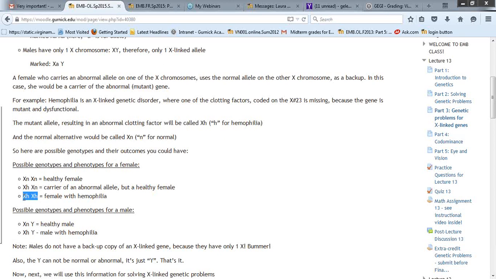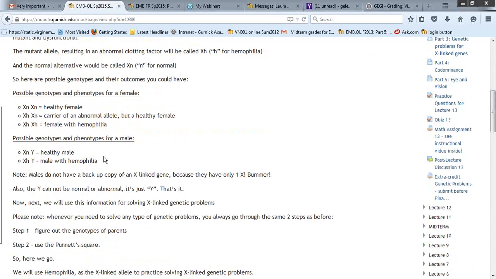If she has two X's that are affected, well, that's just bad luck. It's extremely rare. I actually haven't seen it, but I guess it does happen. A healthy male would be the one with an X normal and a Y. Remember, Y cannot be normal or abnormal. Y only codes for maleness, so you're not going to put any letter next to it.